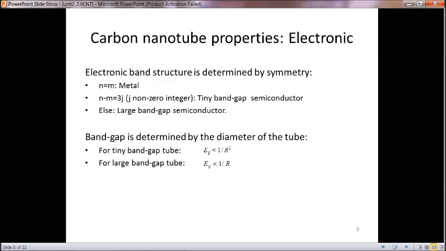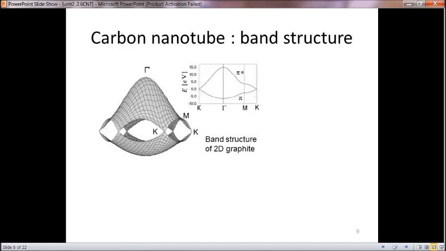So the energy gap changes based on the diameter, and it also depends on the tube structure, the number of elements in the row and column. That is given here. Then the carbon nanotube band structure will be like this for 2D graphite. The energy level will be higher at one particular position only.